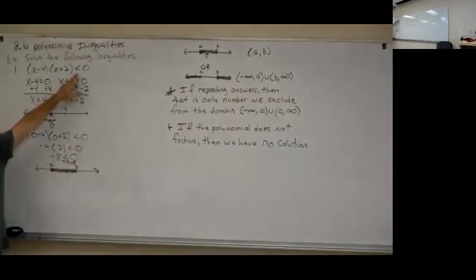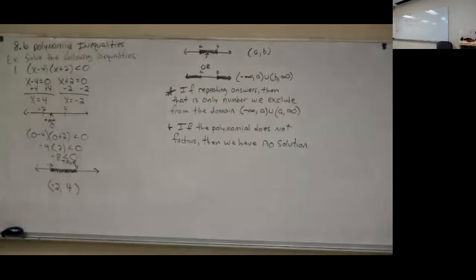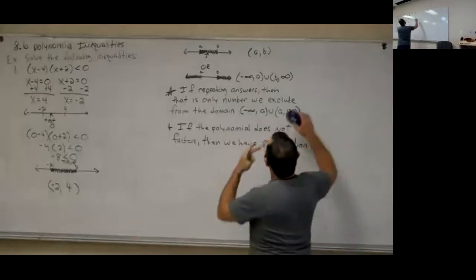There's no equals on this, so it's going to be parentheses. And then my numbers will be what? Negative 2 for the left side, and positive 4 on the right side. Well, not too bad, are they? Probably easier than doing the asymptote stuff, remember?